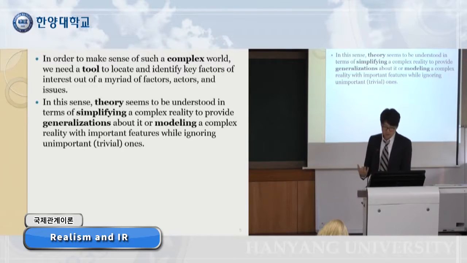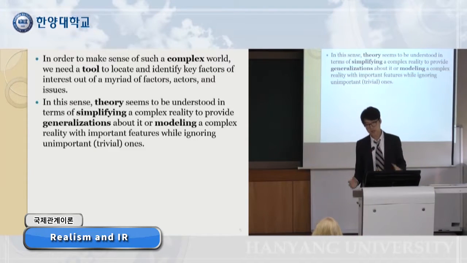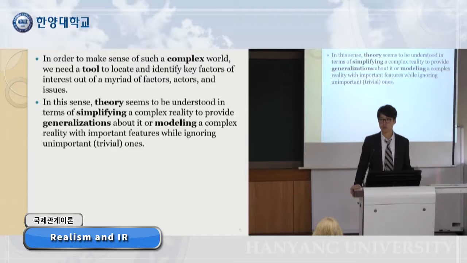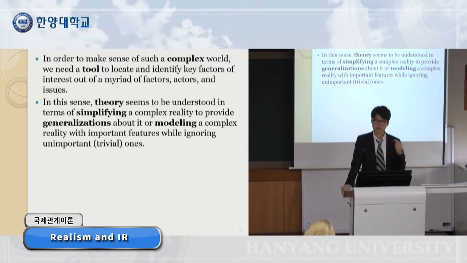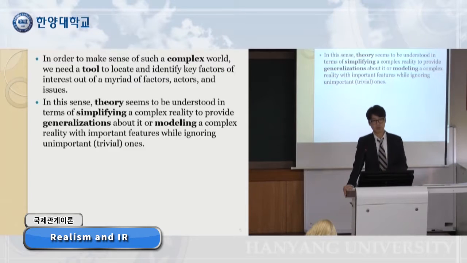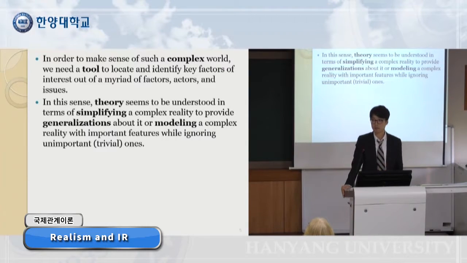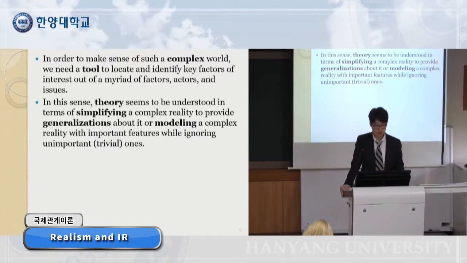In this sense, theory could be understood in terms of simplifying a complex reality with an aim to provide generalizations, which allow us to make predictions about complex world politics or state behavior in the global political arena.